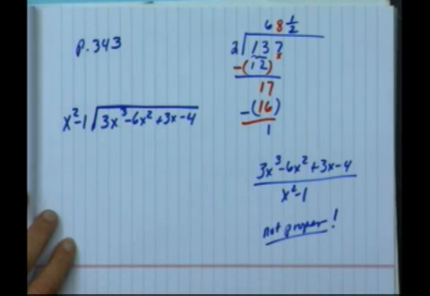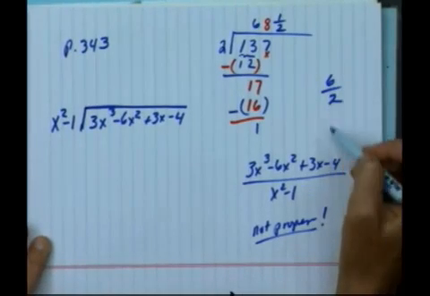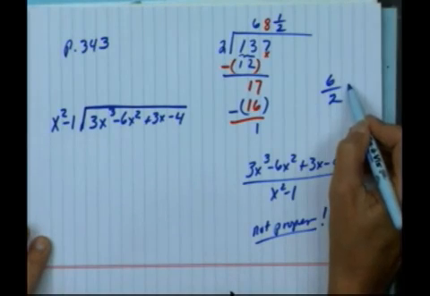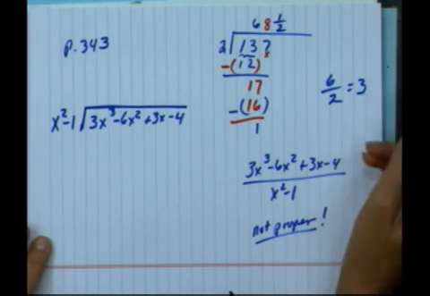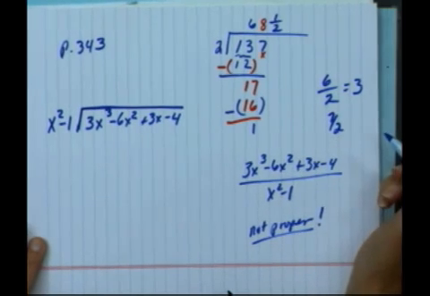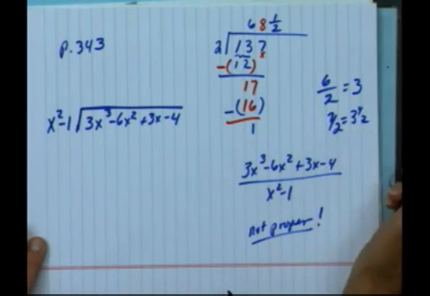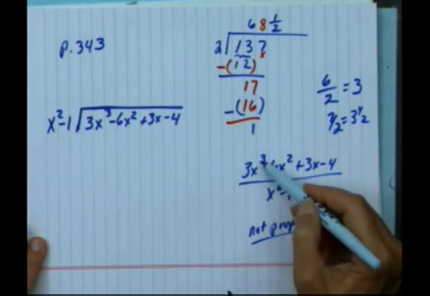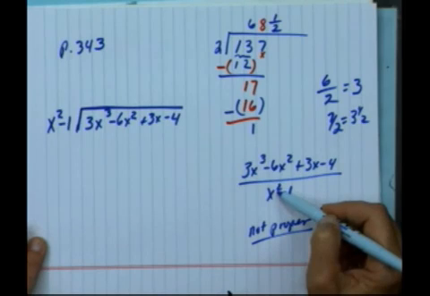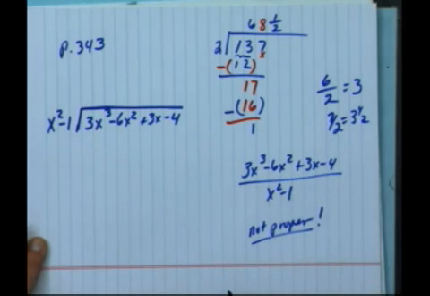So when you had a fraction like 6 halves, that was not a proper fraction because it could be reduced. Or even if you had 7 halves, that was not a proper fraction because it could be simplified to 3.5. It could be simplified further. Okay, so the degree of the numerator is greater than the degree of the denominator. It is not proper. So if you perform long division, you're going to get a proper fraction out of that.